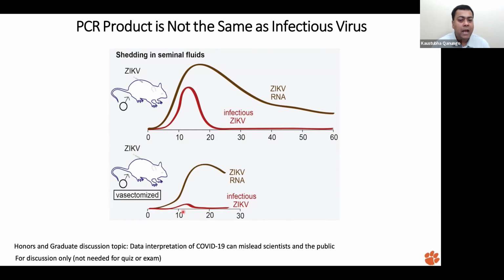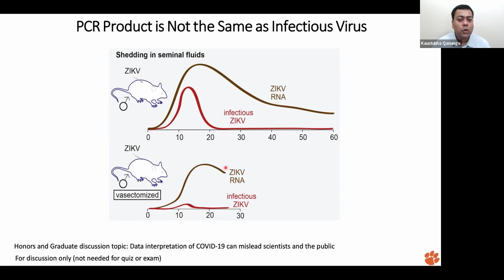And at that time, you can see that if the virus cannot shed into any other parts of the body, you still have a very high Zika virus RNA, not up to 60 days, but still you have a very high RNA. On the other hand, you can see that the infectious Zika virus is very low.